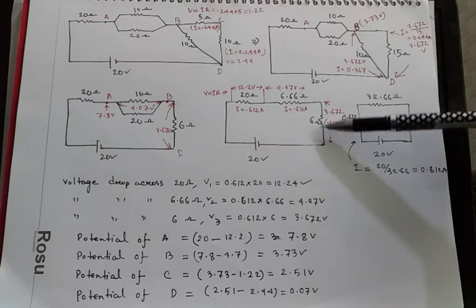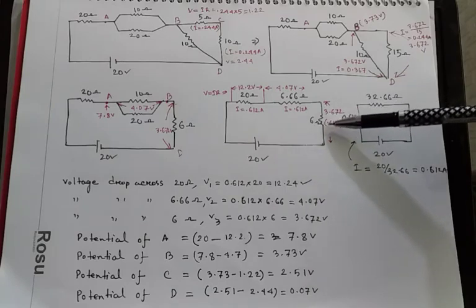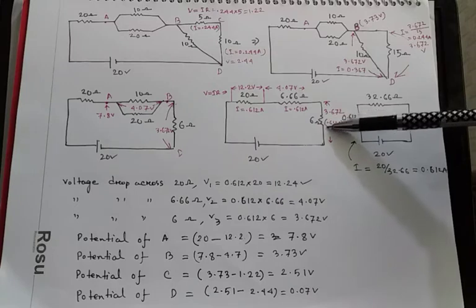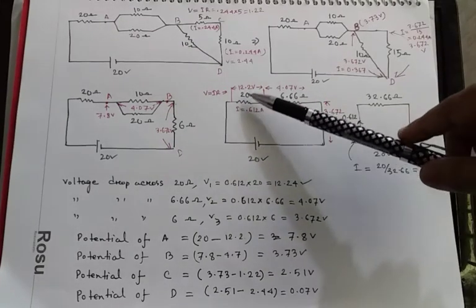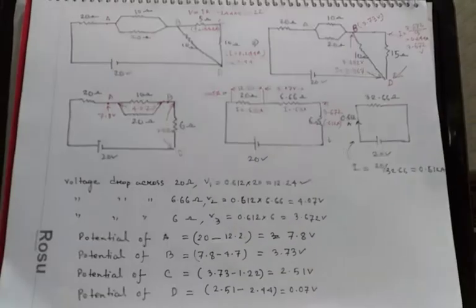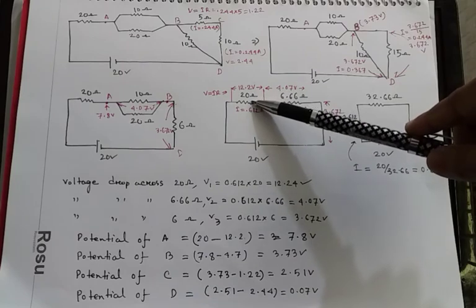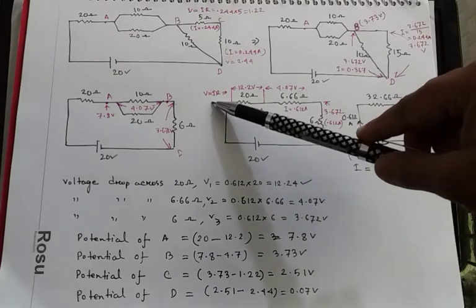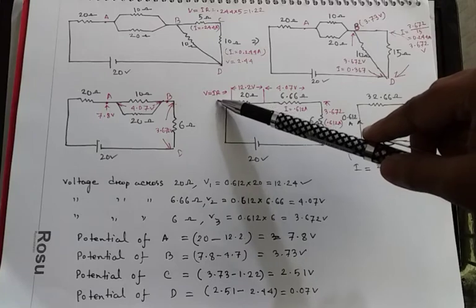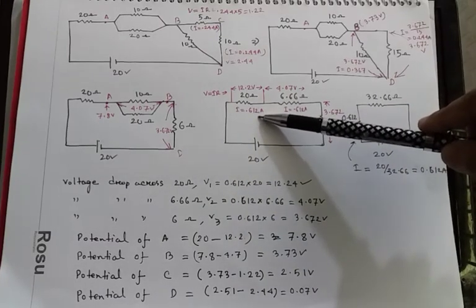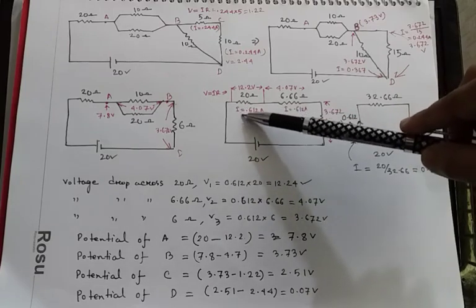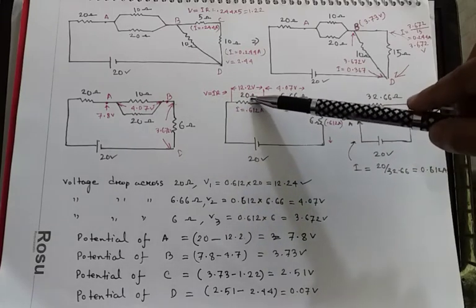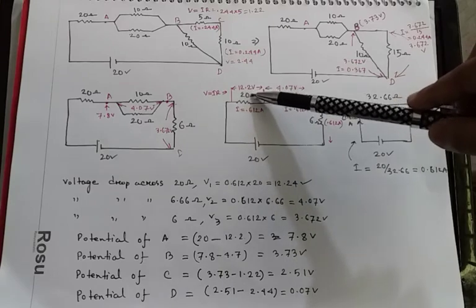If we know the current of each branch and the resistor of each branch, then we can calculate the potential drop across each branch. To determine the voltage drop across 20 ohm, we apply V equals IR from Ohm's law. Here I is 0.612 amps, and for this branch the resistance is 20 ohm. Then the voltage drop through this branch will be 12.2 volt.